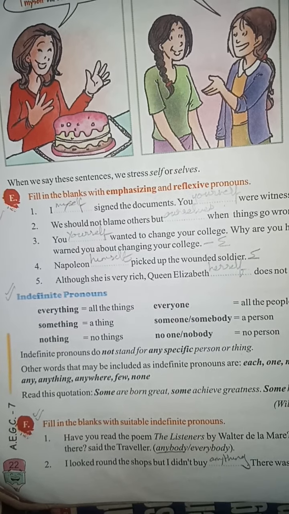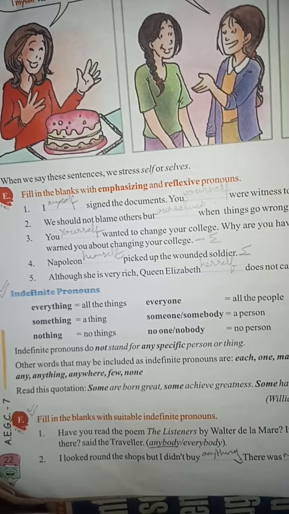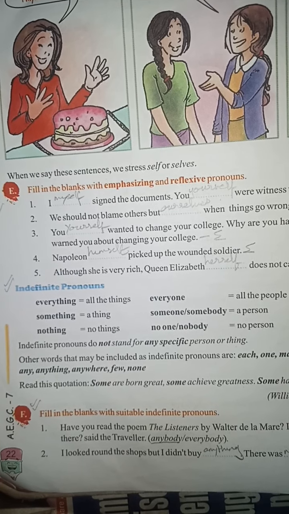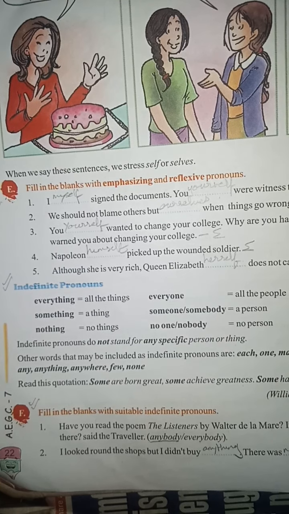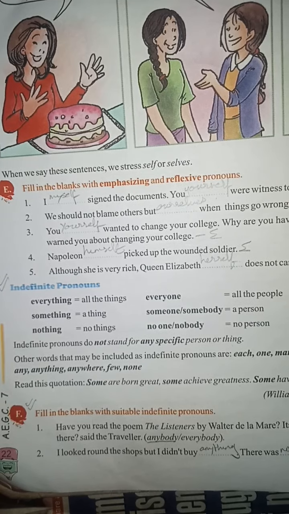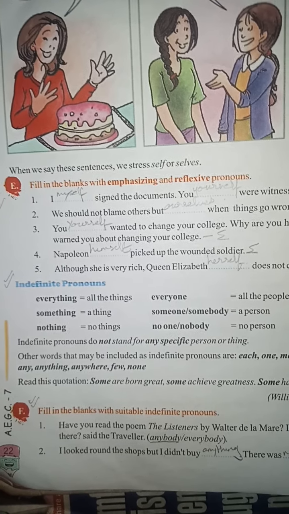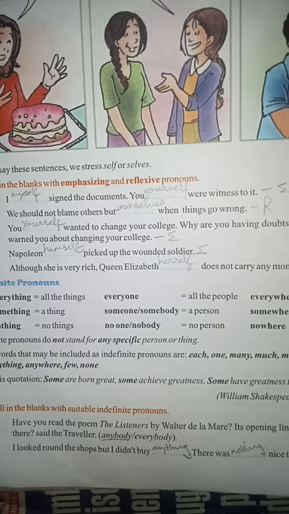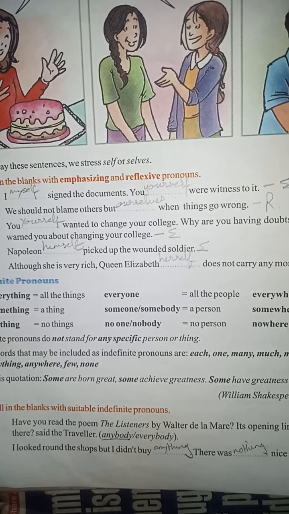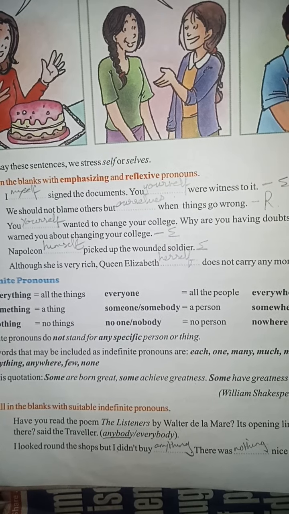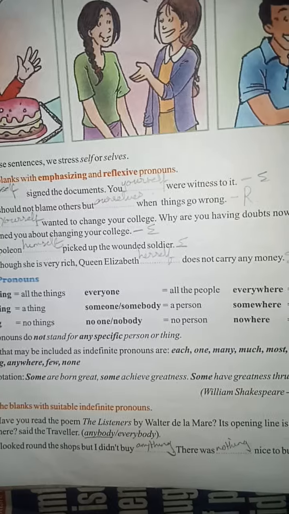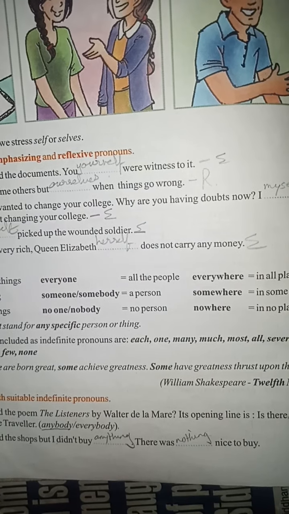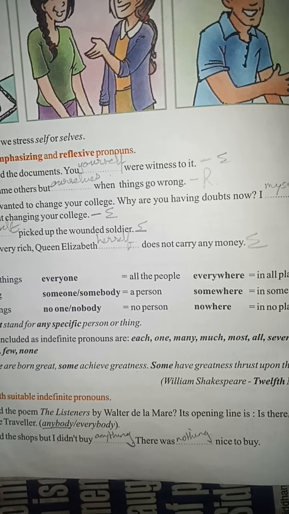Next we have indefinite pronouns. Indefinite pronouns include words like everything, which means all the things, something, a thing, nothing, no things, everyone, all the people, someone or somebody, a person we refer to, no one or nobody, again no person, everywhere, in all places, somewhere, in some places, nowhere, in no place.